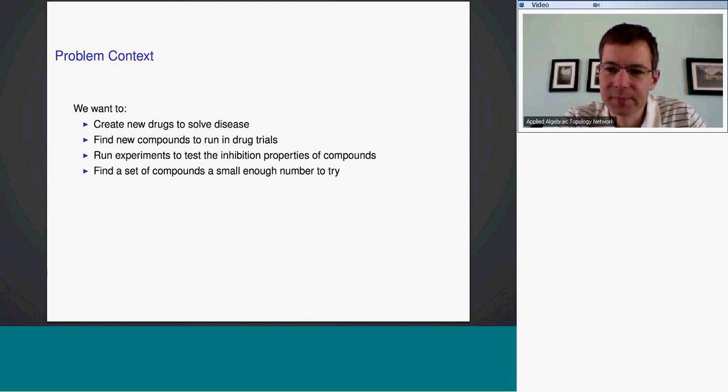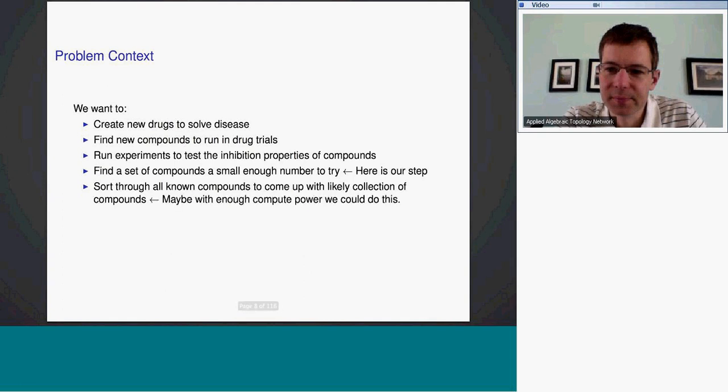So we want to find some small set of compounds to try. That means we want to sort through some very large database of compounds to come up with a likely collection of compounds in order to run through this process. So we're going to look at this step of finding a set of compounds small enough to try.